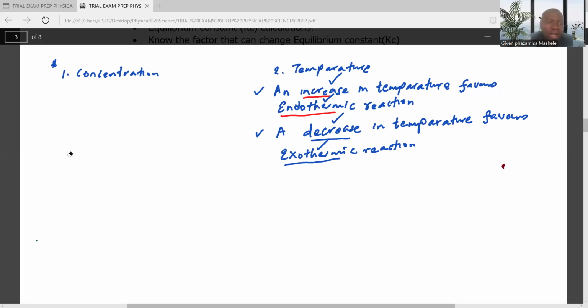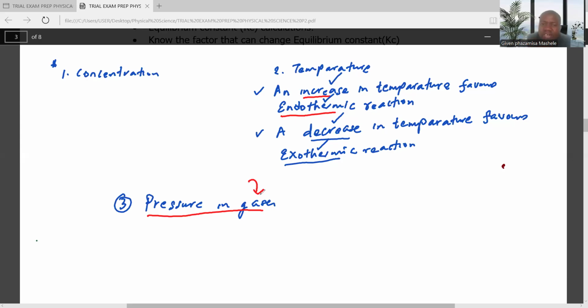Right. Another one very important before I talk about concentration is the issue of pressure. Pressure in gases. By the way, guys, this is very important. In a reaction, you only speak of pressure when your reactants are in gas phase. You talk about pressure if you're dealing with substances that are in gas phase.